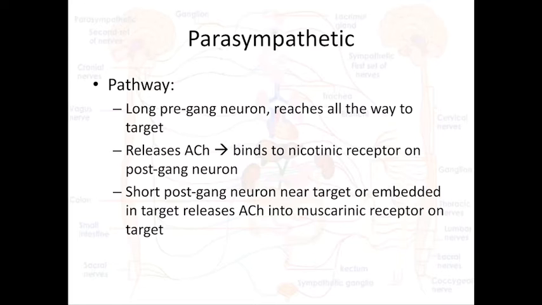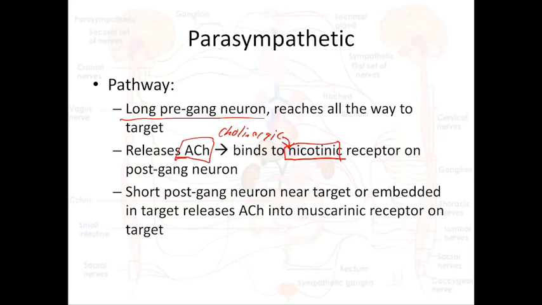So the general pathway in the parasympathetic looks like this. We have a long preganglionic neuron that goes almost all the way to the target. It's always going to release ACh here, so that makes it a cholinergic receptor, and that binds to not just a cholinergic, but a nicotinic cholinergic receptor.